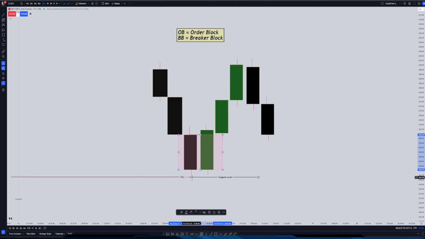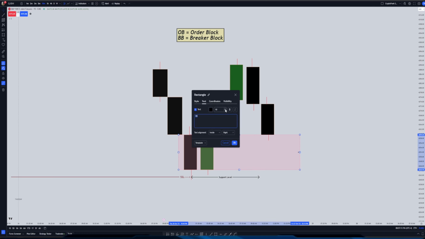remember it's coming up from a support level in the form of sell side liquidity, or we can have fair value gaps over there. Okay, when this happens, we can consider this as our bullish order block. So this will be our order block, but it's a bullish order block.